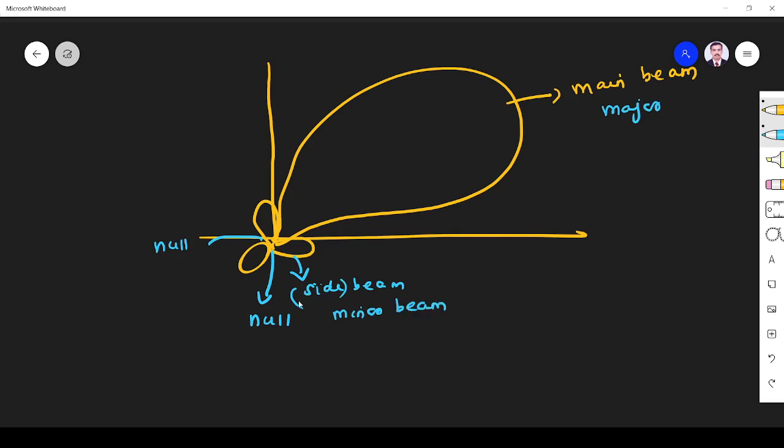Fine. So minor beam indicates unwanted radiation. Actually the radiation should be in this direction. So minor beam indicates unwanted radiation, right? So you see this, we normalize the radiation and the maximum value of radiation, let us assume it is 1.